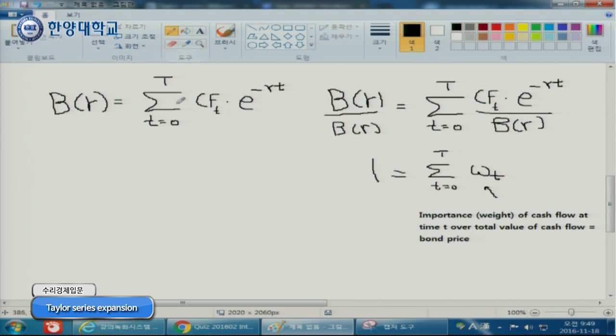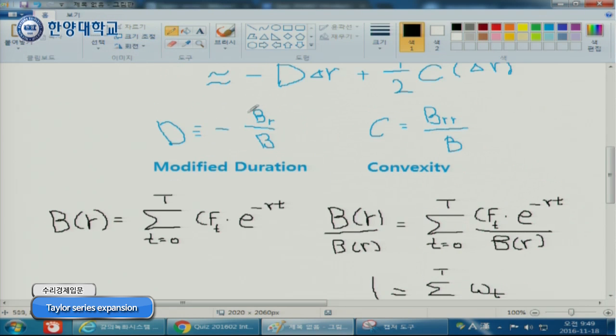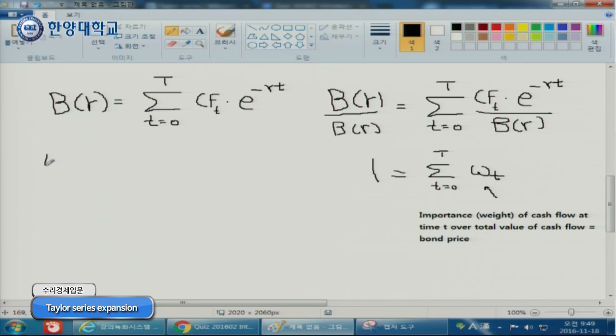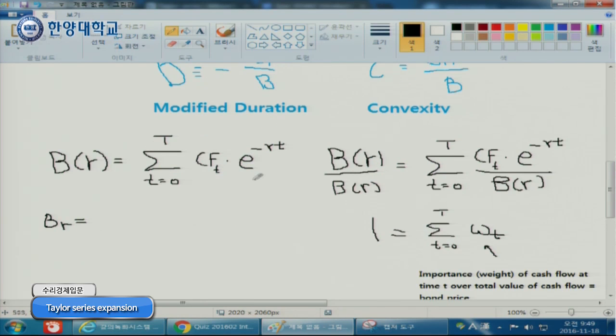Now, let's do some fun. First, to get modified duration, we need B'(R), right? So we have to calculate B'(R). We are interested in this one. We take the derivative with respect to R, and the cash flow is not a function of R, so we can take the derivative of only this part. If we take the derivative of this, T comes in front. So we just write down minus, because there is a minus over here.